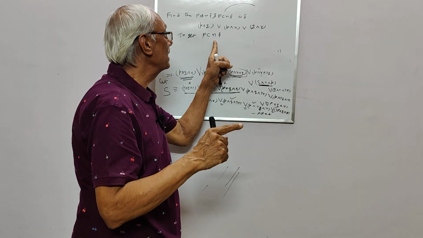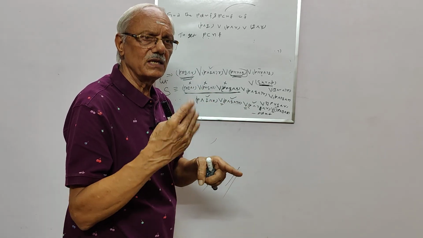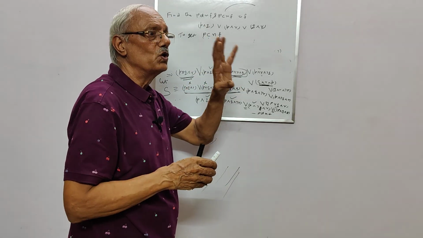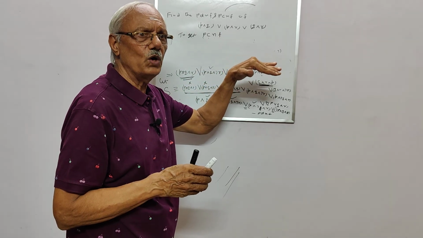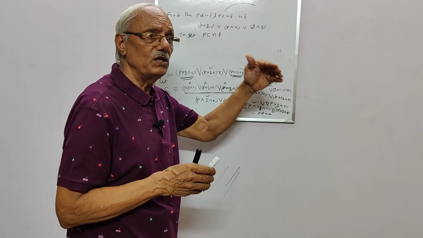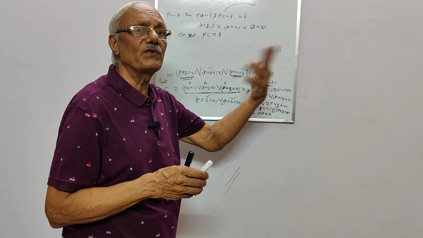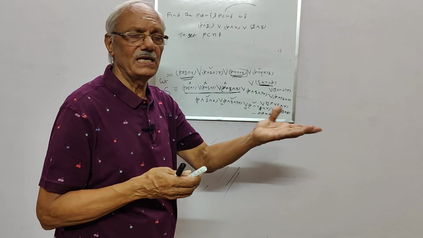And when you write this, you must know that you can express it in another form, but the meaning of the first expression should remain the same. This is a compound proposition. This is conveying something to us. That conveyance should not get altered. It should not give a different meaning when you express it in PDNF or PCNF form.